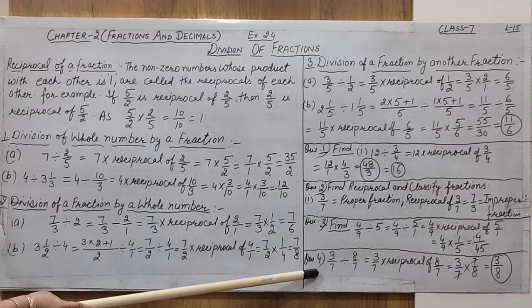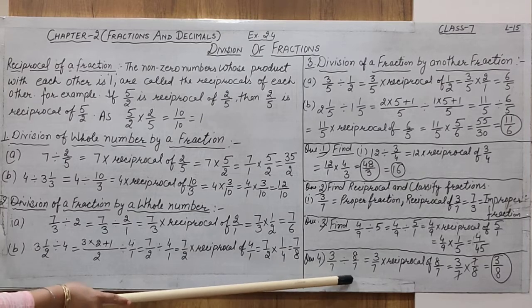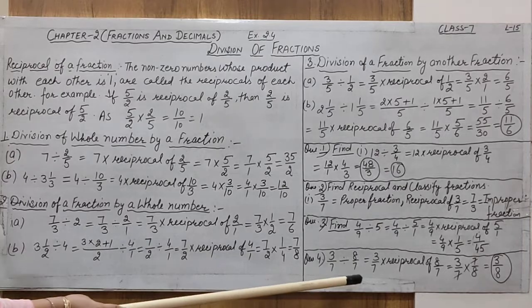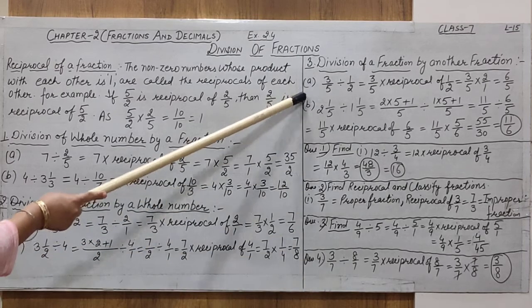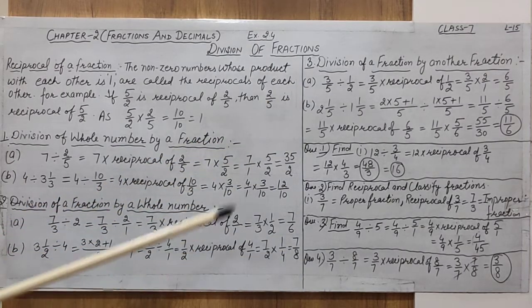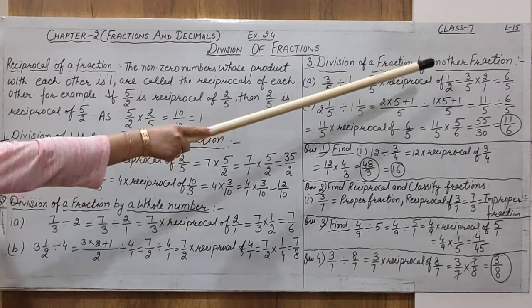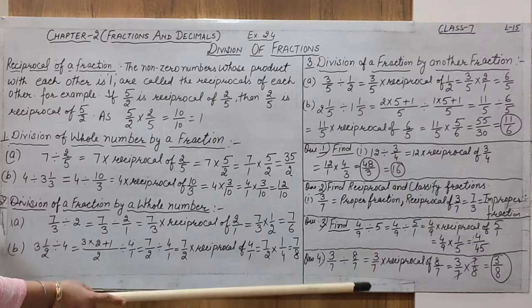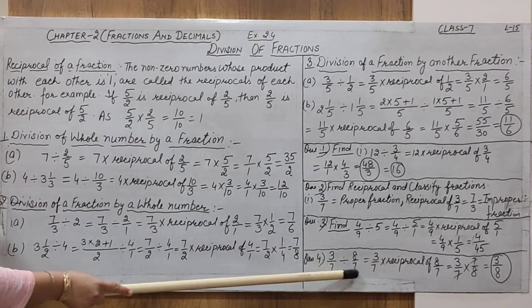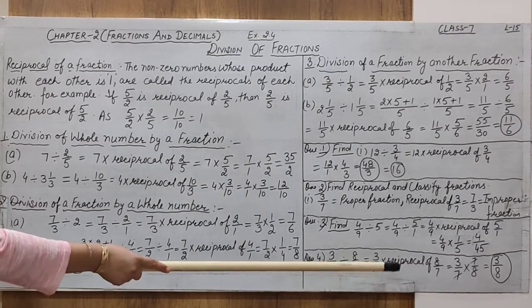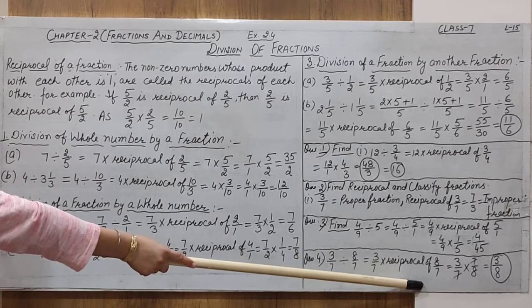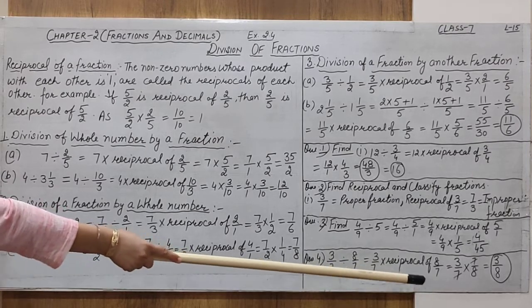So question 4 is 3 by 7 divided by 8 by 7. Both are fractional numbers and this is the third type of division: division of a fraction by another fraction. The process is to change the division sign into multiplication and multiply it with the reciprocal of 8 by 7.